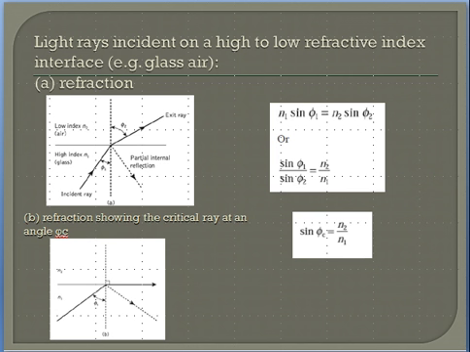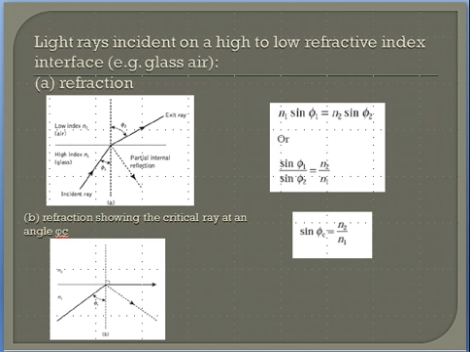This angle of incidence psi 1 and angle of refraction psi 2 are related to each other and to the refractive indices of the dielectrics by Snell's law of refraction, which states that n1 sin psi 1 equals n2 sin psi 2, where n1 and n2 are the refractive indexes of medium 1 and 2, and psi 1 and psi 2 are the angle of incidence and the angle of refraction.